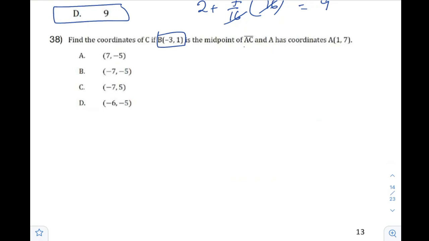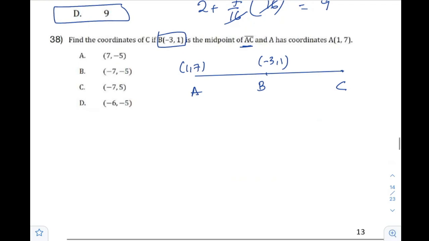B is the midpoint of AC. So we have here AC. A has coordinate 1, 7. B is known to be the midpoint, which is -3, 1. C is not known.